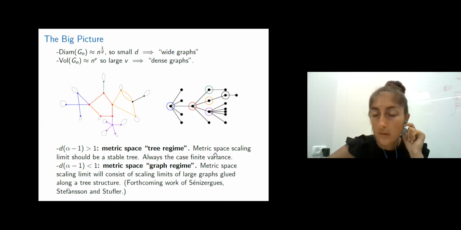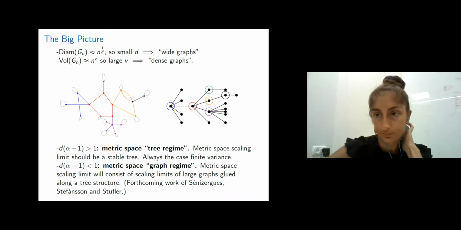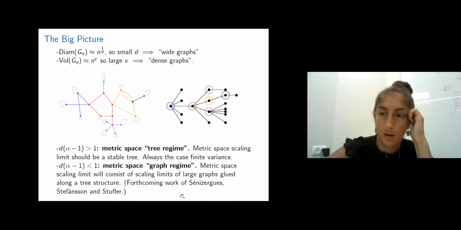In the tree regime, you would expect that you can take a scaling limit as a metric space and just get a tree, a fractal tree. Whereas in this graph regime, if you take the scaling limit, you should get some kind of tree of graphs persisting, and this is being looked at by some people and should hopefully be released in forthcoming work.